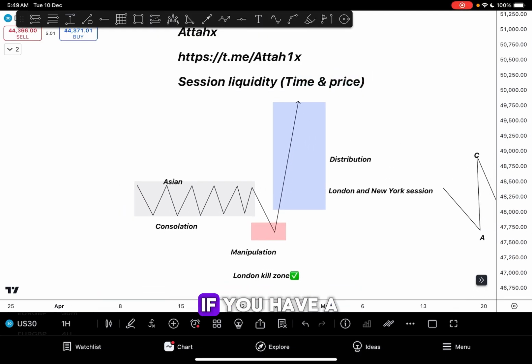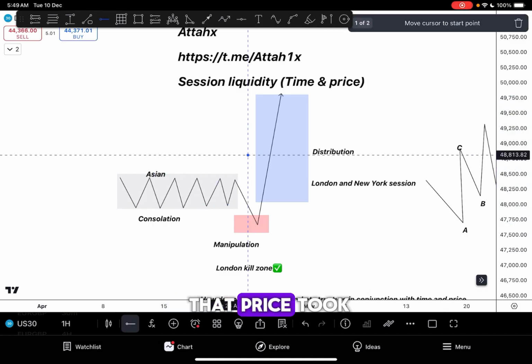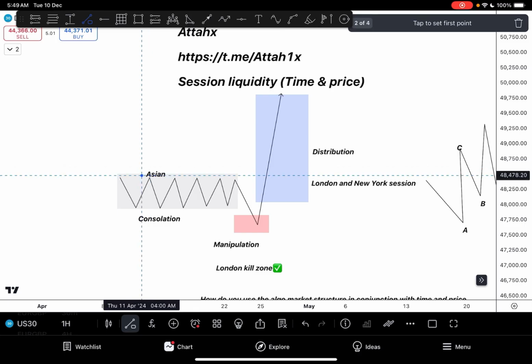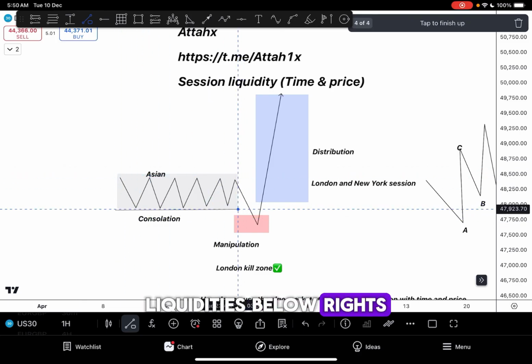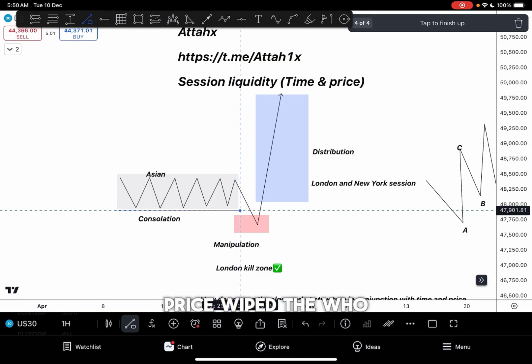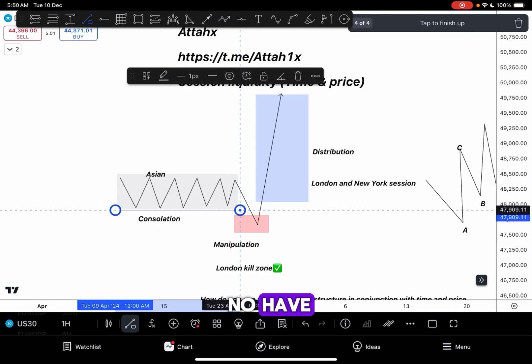we all know that if we have a price action like this, right, we all know that price took liquidities below. Price wiped the whole lows that do not have directions in this price action.